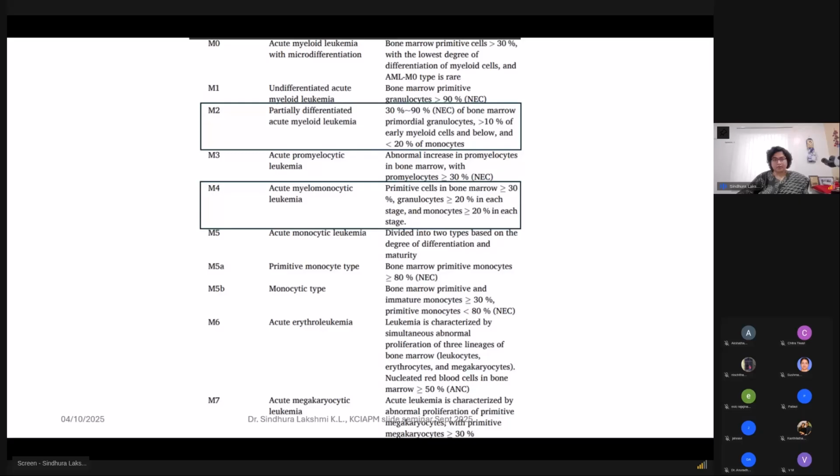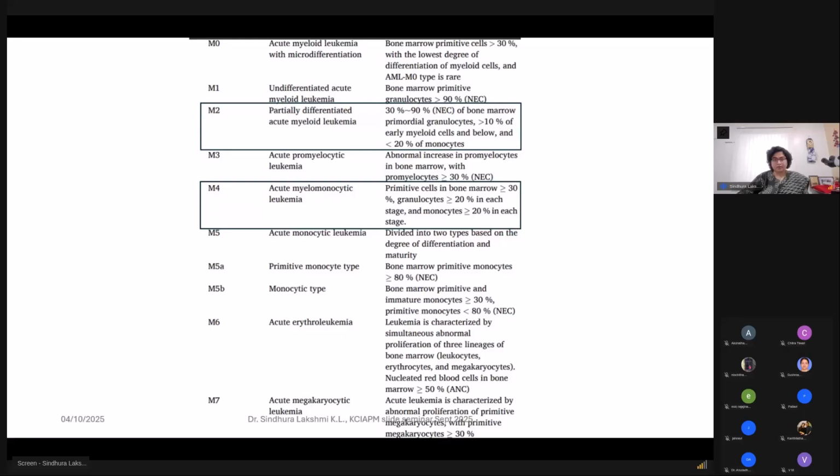Now, the FAB classification was discussed, although FAB is really old. I just want to highlight things here. Remember, there is a close differential diagnosis between M2 and M4.